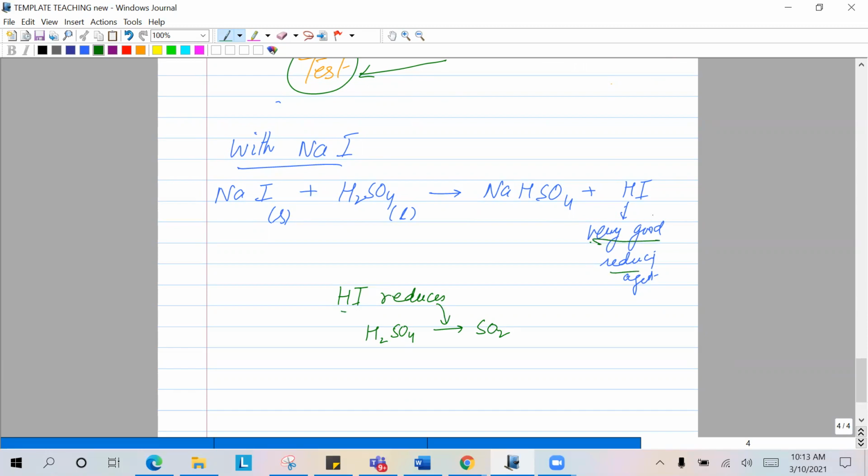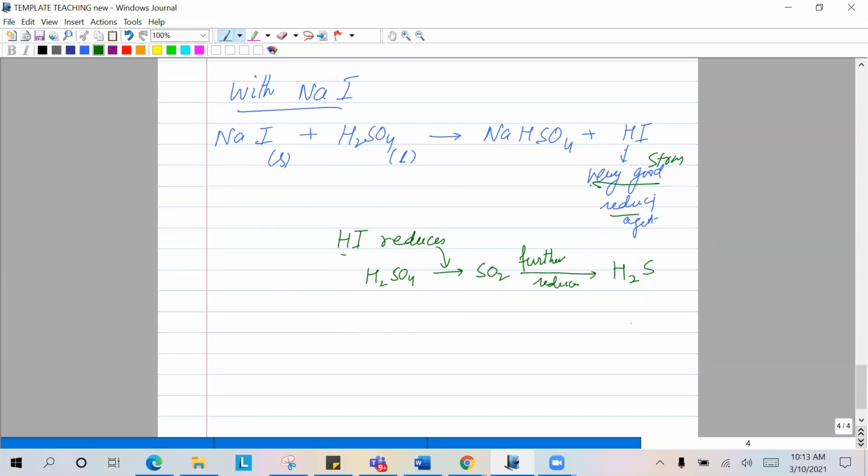So it does not stop over here. It further reduces it to H2S, and the HI gets oxidized to I2.